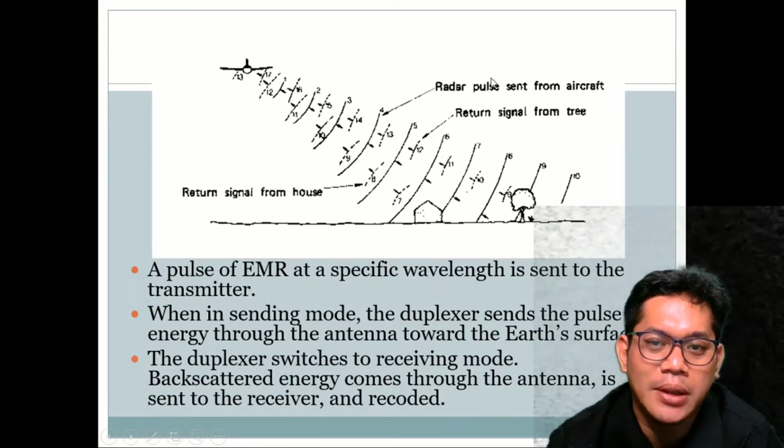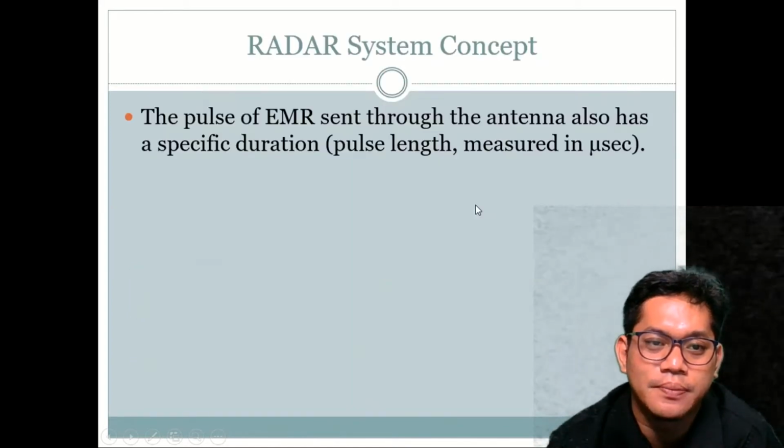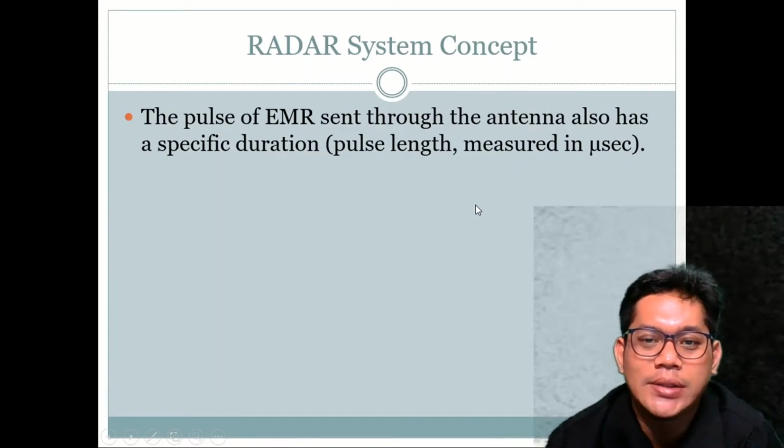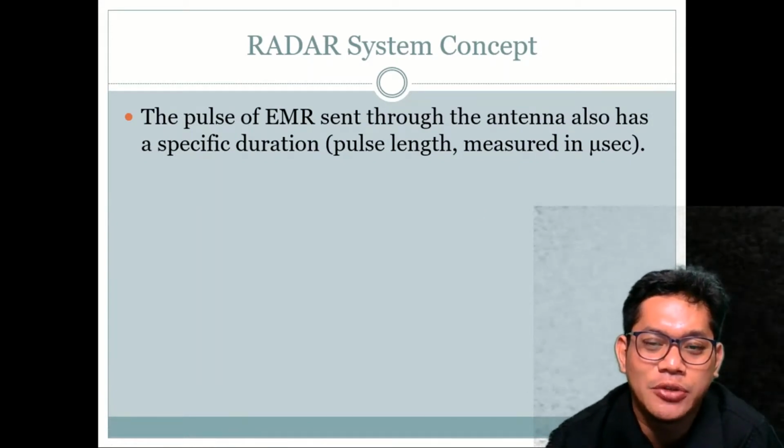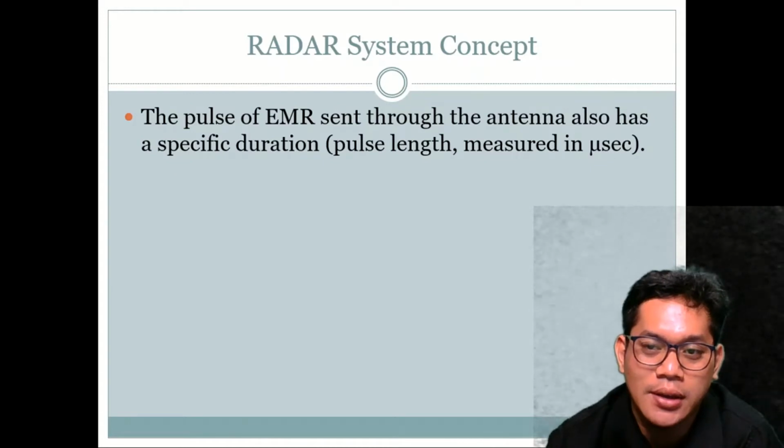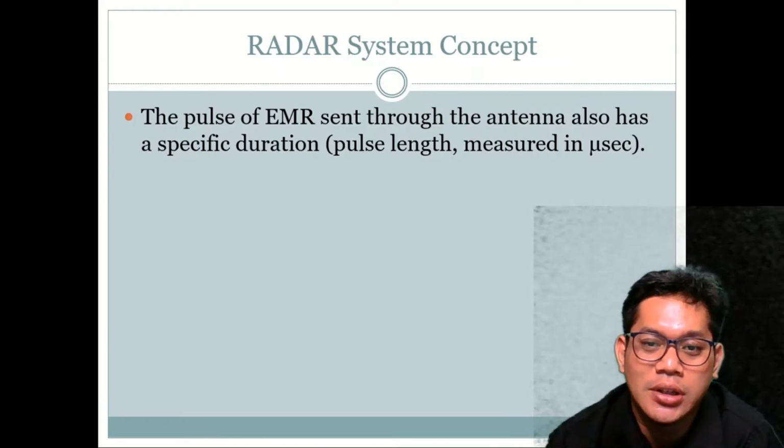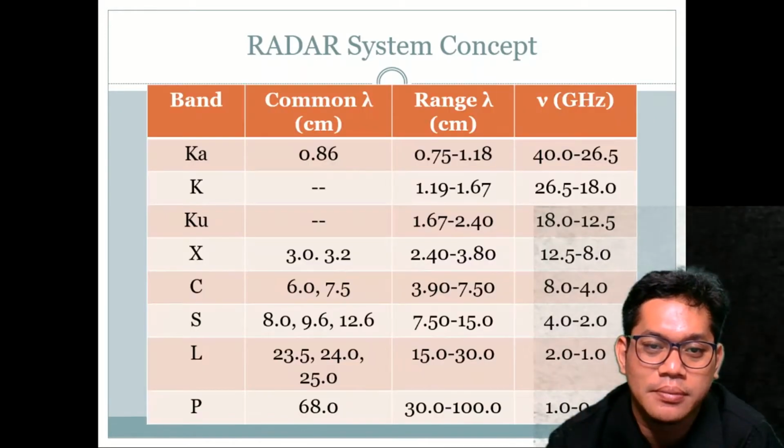So there are pulses, higher energy being sent, and slightly lower energy will be reflected by the surface and detected by the sensor. The pulse of the EMR sent through the antenna also has a specific duration, called the pulse length, and it is measured in microseconds.